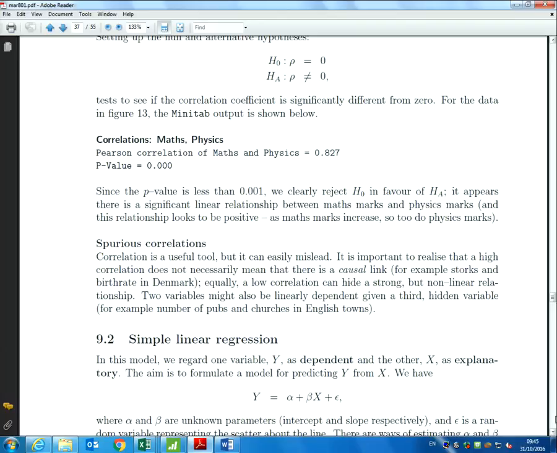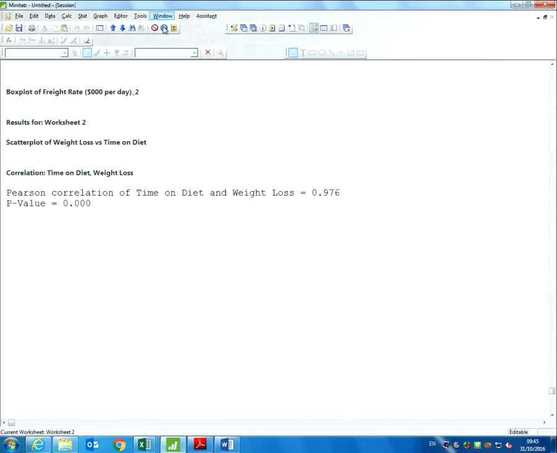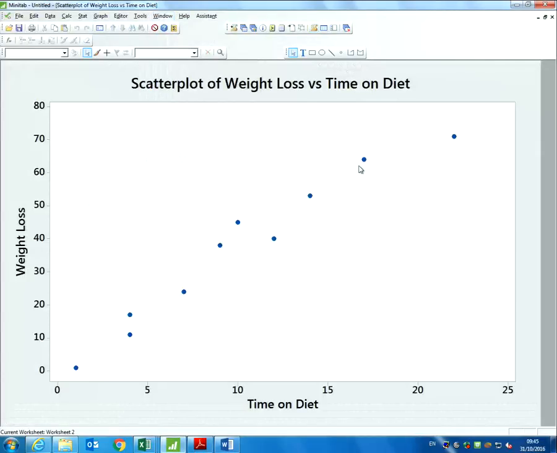Now, we'll introduce this next topic, regression. What is regression? Well, I'm just going to bring up the scatter plot again that I produced earlier for time on diet and weight loss.